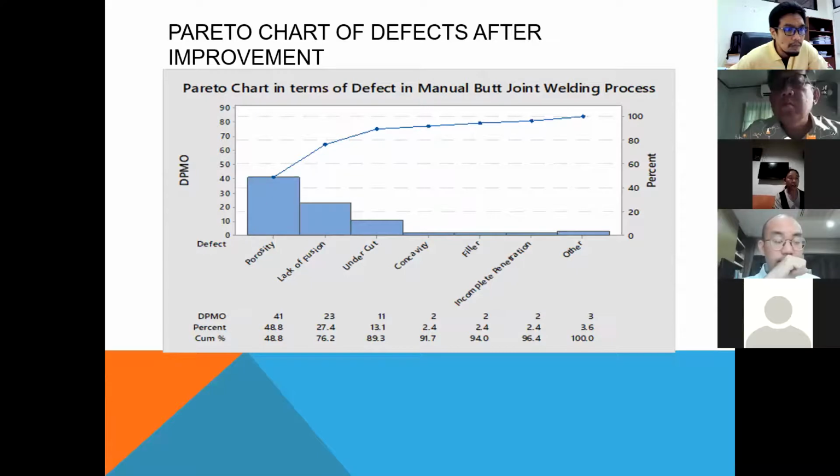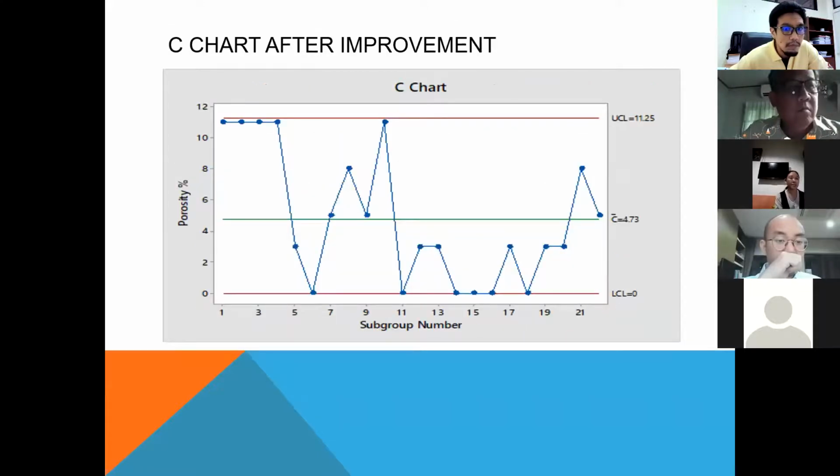So this is the constructed Pareto chart of defects after improvement. And also the C chart. The next is the C chart, the process capability of defects after improvement, and also the process sigma.